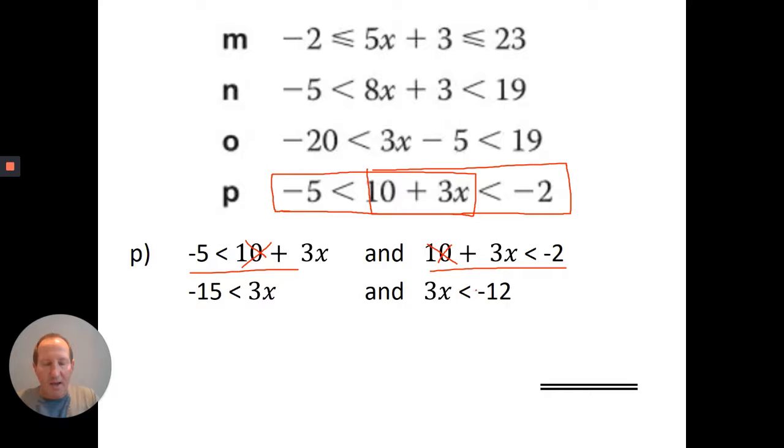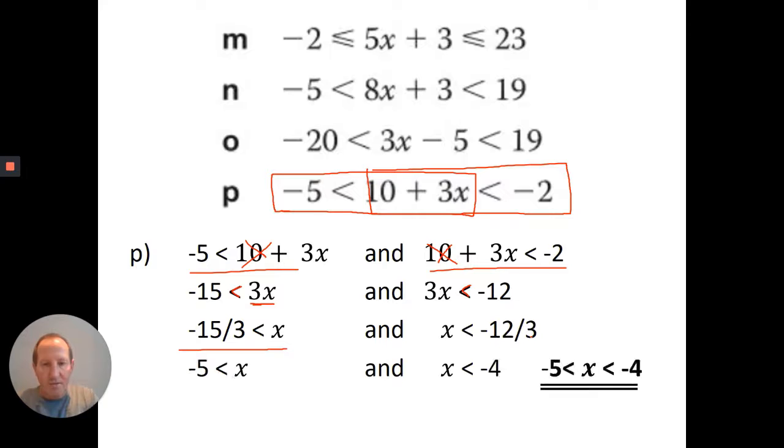I've now got 3x is greater than minus 15 for this one, and 3x is less than minus 12 for this one. And both of these you can divide through by 3, because that's the opposite of times by 3. So you end up with x is greater than minus 15 divided by 3 and x is less than minus 12 divided by 3.